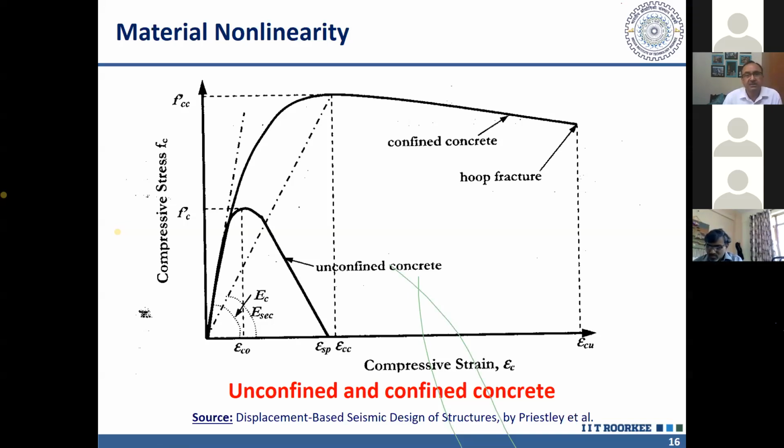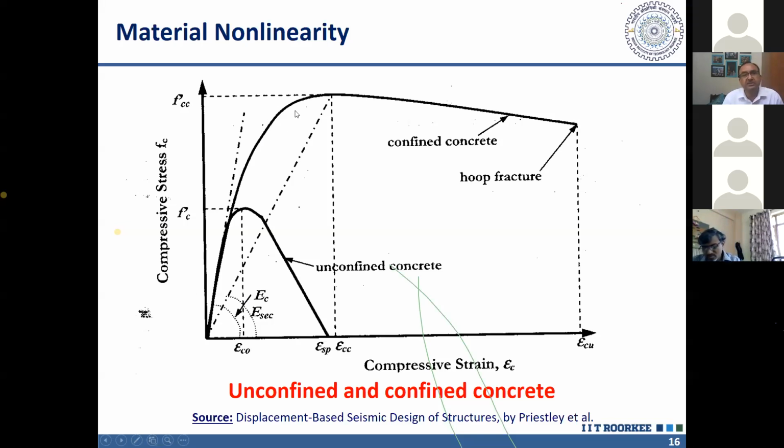But it is interesting that when we confine the concrete, if I somehow provide a lateral restraint to concrete, it can be in many forms, but commonly used in our design is through stirrups. If I properly confine it using stirrups, then its strength and ductility increase. What you see, this upper curve, is the stress-strain curve of confined concrete.